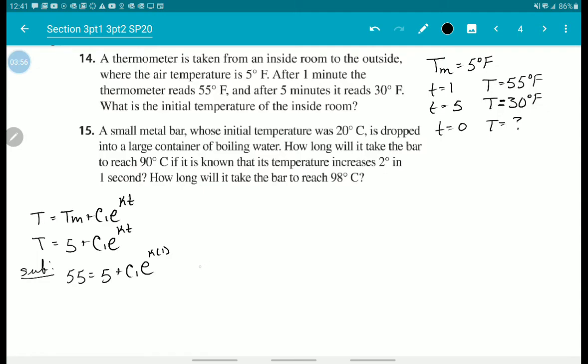Then we substitute in the second piece of information, where the temperature is 30 degrees after 5 minutes, so that 5 goes in for lowercase t.